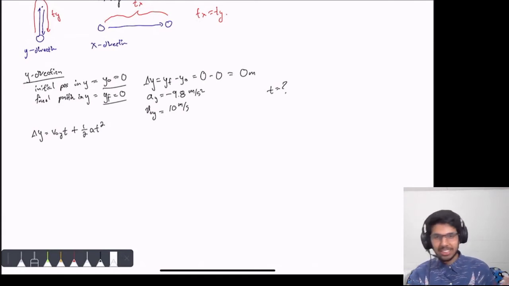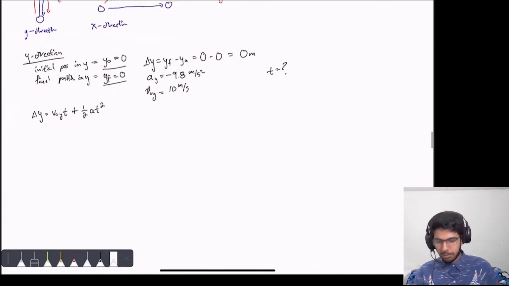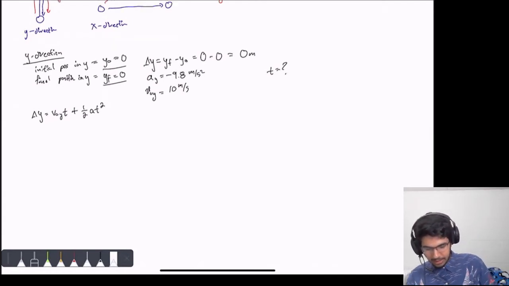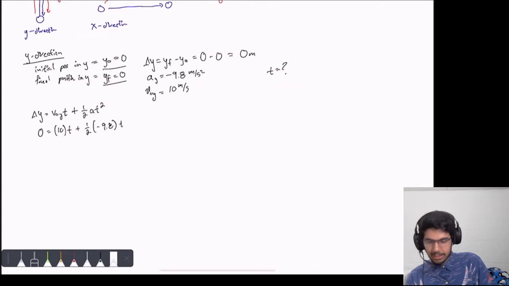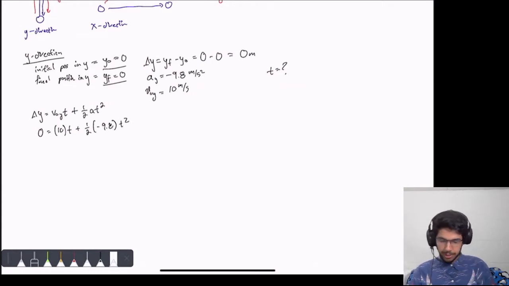And we can isolate for t, but that seems kind of hard to do since it's a quadratic equation with t. So let's just plug in what we have and see what happens. So we have that delta y is 0, that equals v initial y is 10 t plus 1/2 negative 9.8 t squared, right?